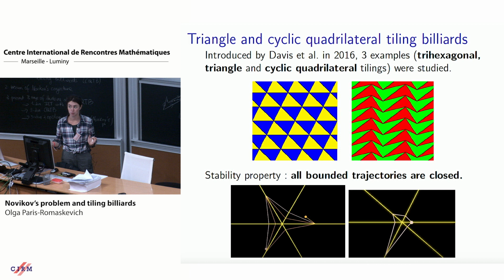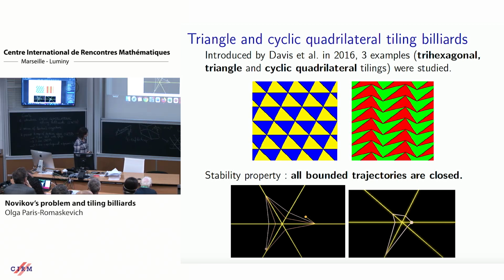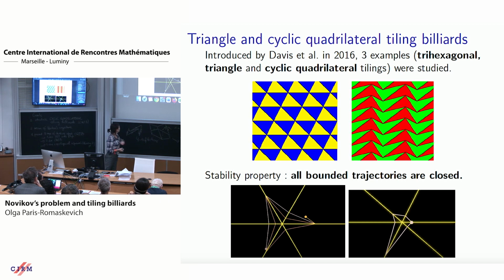And now we also understand cyclic quadrilateral tilings, and that's all to my knowledge. So it's a very vast field of discovery. You can just take any tiling and try to understand what happens. For example, for parallelogram tiling, I don't understand what the typical dynamics is. But let's come back to our triangles and our cyclic quadrilaterals.